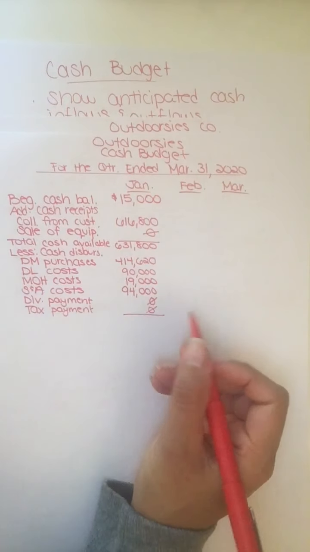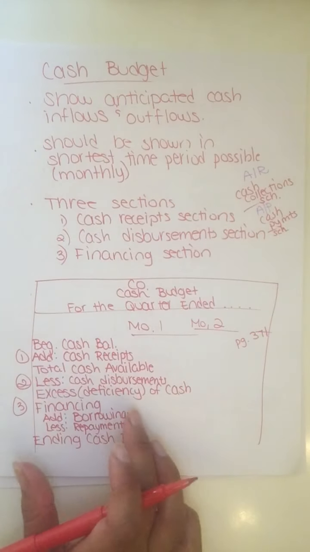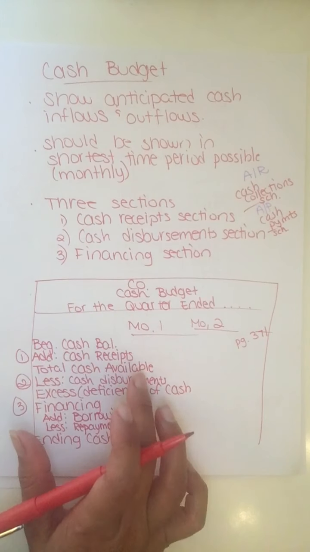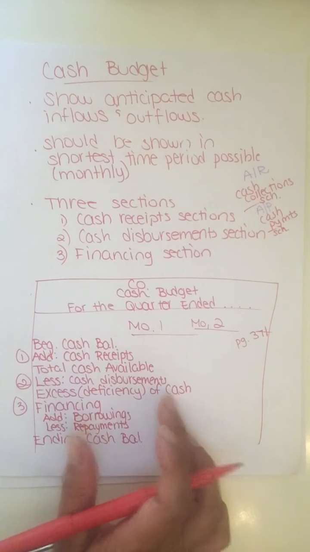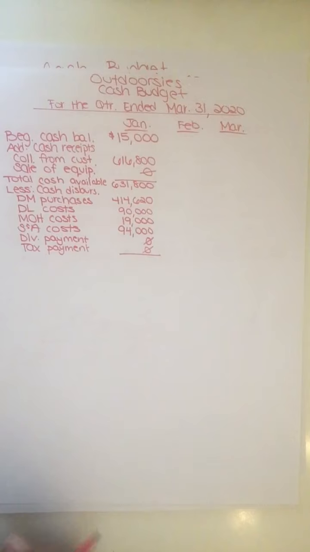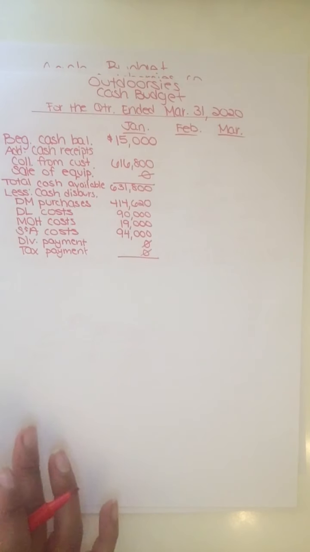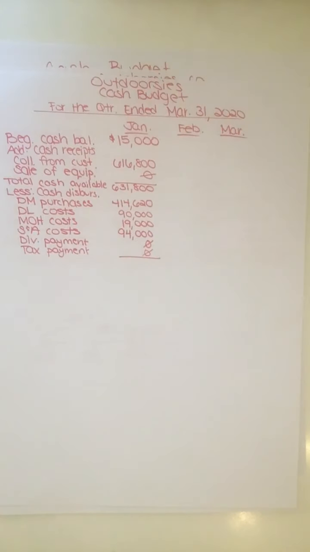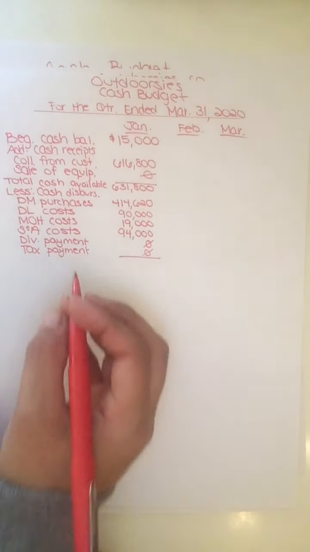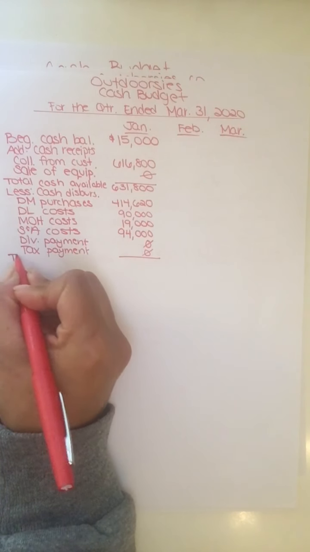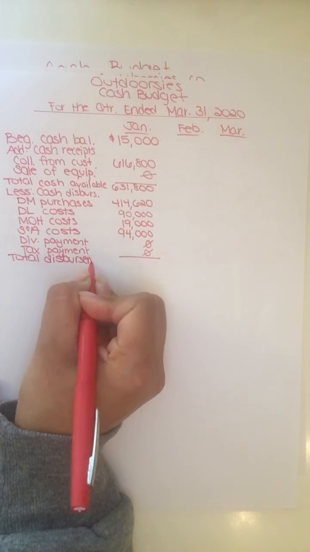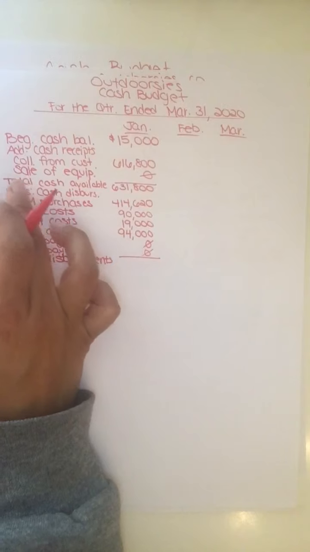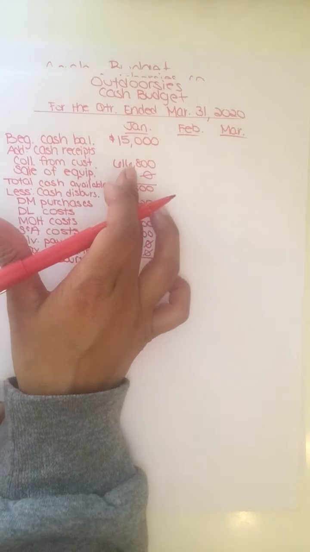So we said we're going to subtract our disbursements from our cash available. If we have a positive number, we label that row excess of cash. If it's negative, we'll say deficiency of cash. So if you subtract all that up, let me see if your book does a subtotal for disbursements. Let me double check. Yep, they do. So let's go ahead and do total disbursements, because we have so darn many of them. And if we'd wanted to, we could have done a subtotal up here for total receipts. We just had one for this month.